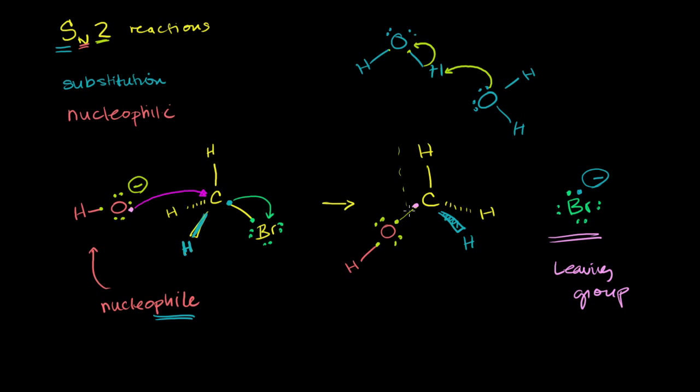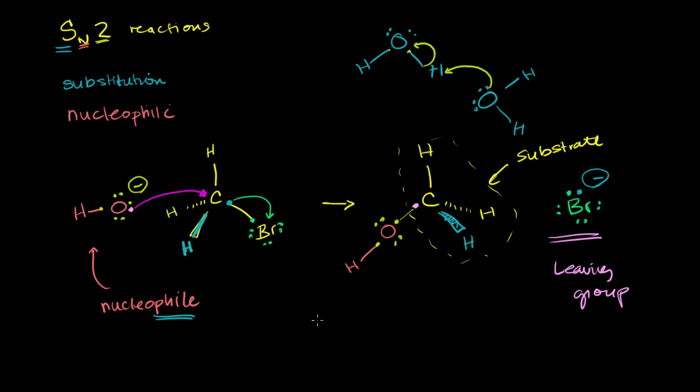So I could draw it like this. This is the substrate. And the whole reason why I did it, this was not a chiral carbon, but you can imagine once we deal with chiral carbons, when they undergo an Sn2 reaction like this, their chirality will actually change. So I'll leave you there right now. It gives you something to think about with Sn2 reactions.